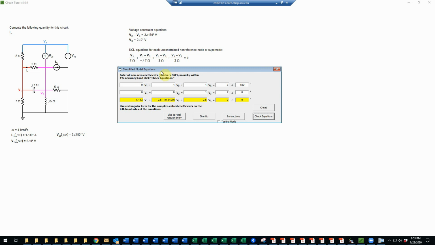And v3 is negative 1/2, and okay, I'm just going to use the cheat button to see where we went wrong.